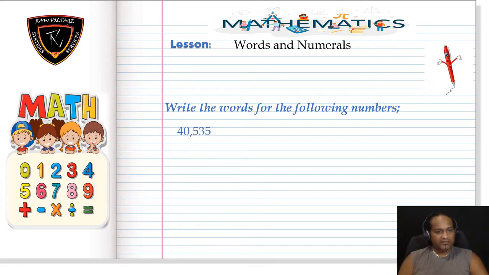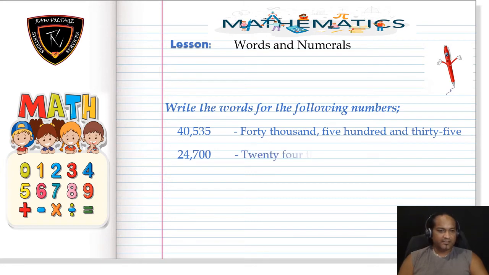Right, I read that as 40,535. I write it as 40,535. If I'm given another number, 24700, I read that as 24,700. The words for that number is written as 24,700.